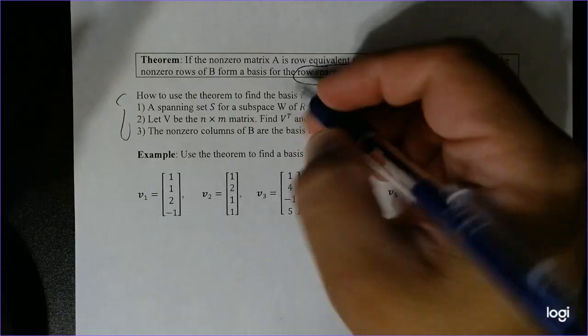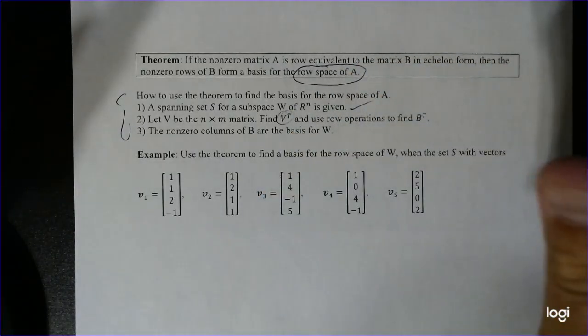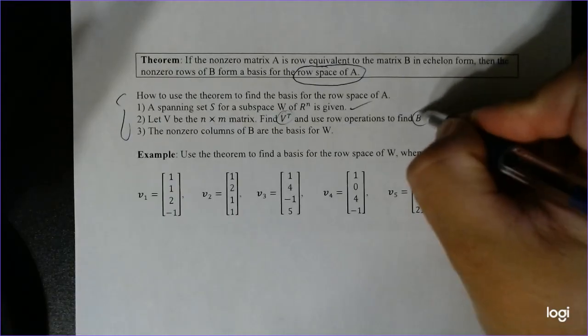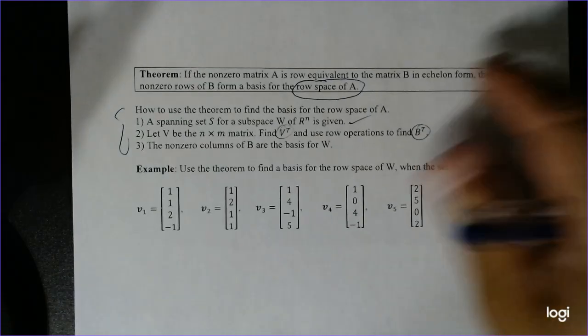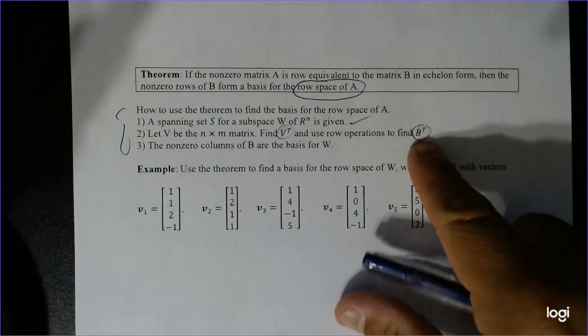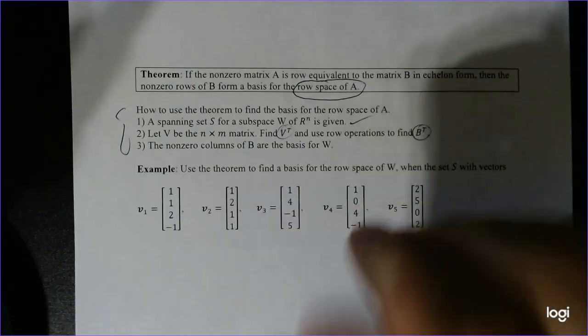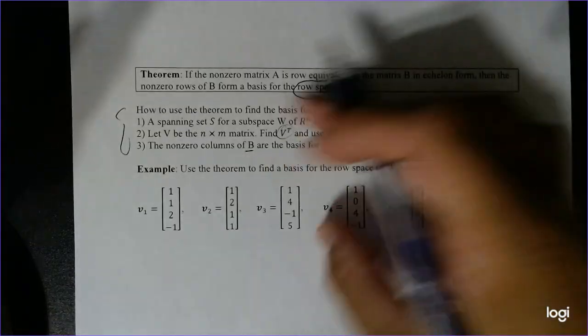We're going to find V transpose first, so we just transpose the entire matrix. Then we row reduce it to find B transpose, our matrix B in row reduced form. Once we have this, we untranspose it, and the columns of B will be the basis of W. So it's a lot of reversing and engineering using this theorem.